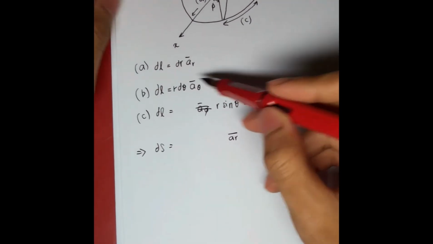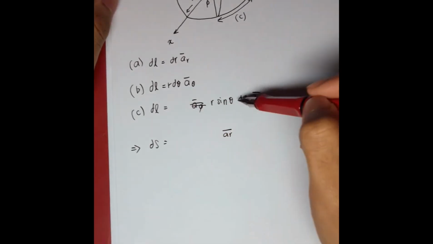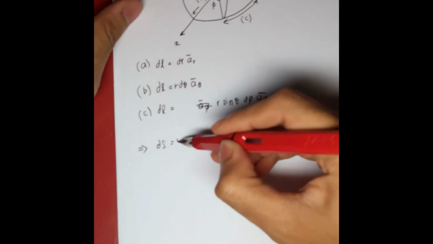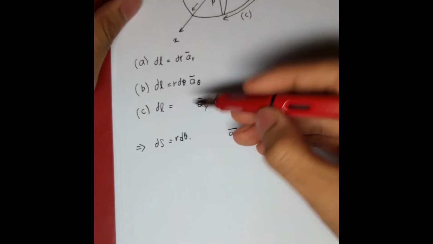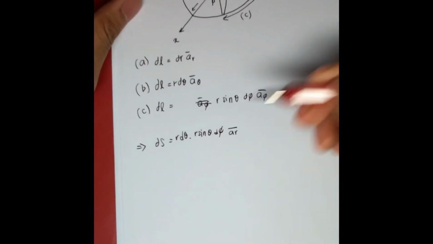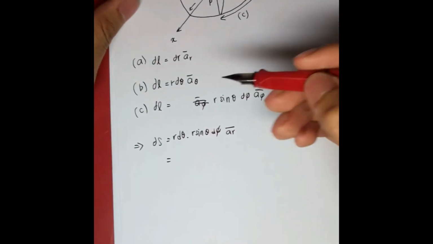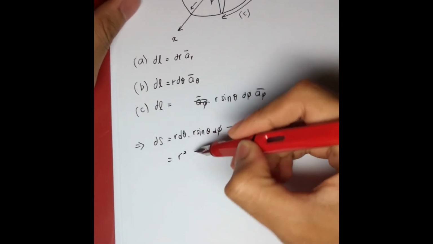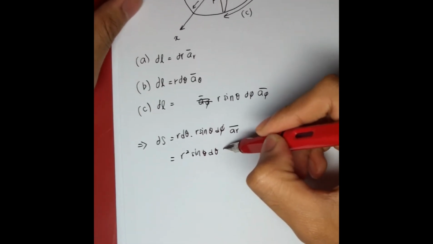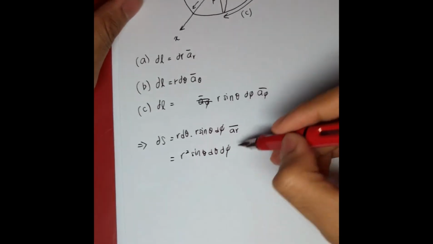So we take r d theta and r sine theta d phi, and then we get r d theta times r sine theta d phi. We simplify it, we can get r square sine theta d theta d phi a r.